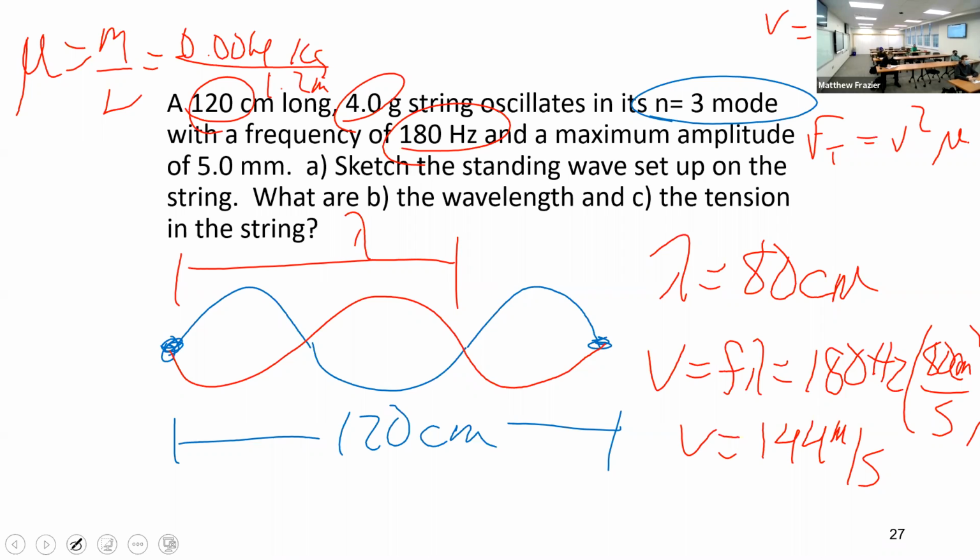So we'll find out what these numbers are. 0.004 divided by 1.2 is 3.3 times 10 to the minus 3 kilograms per meter. On the other side, I'm going to multiply by 144 squared. We get about 69.1 newtons.